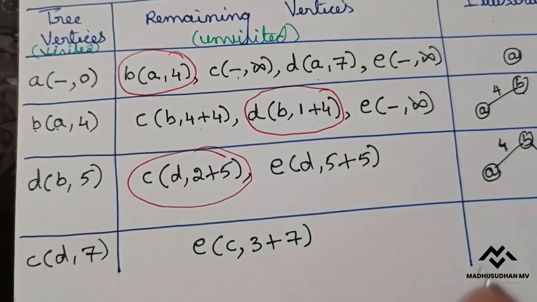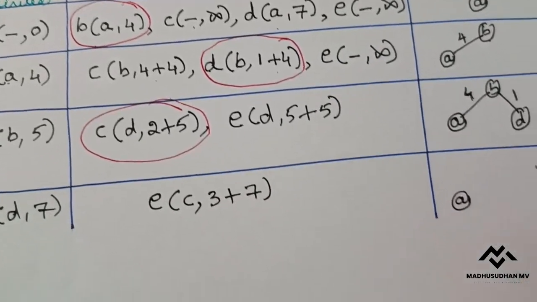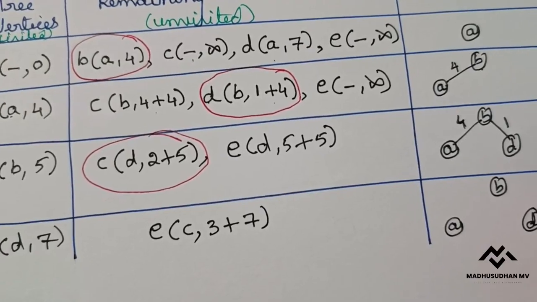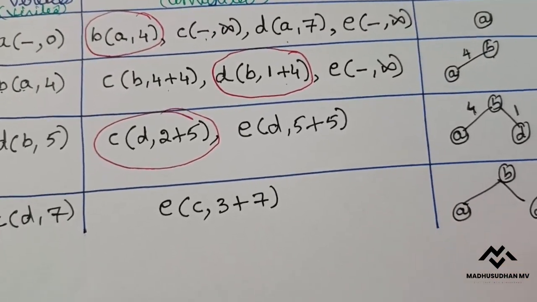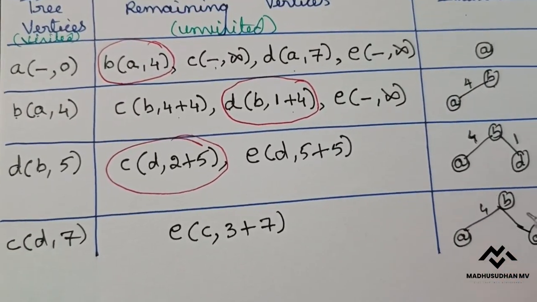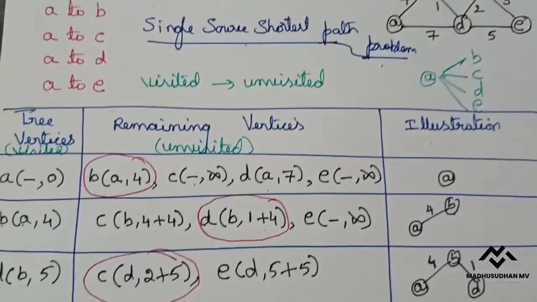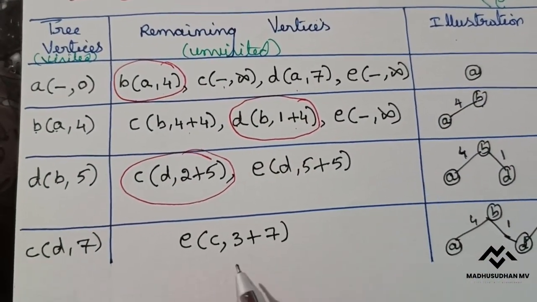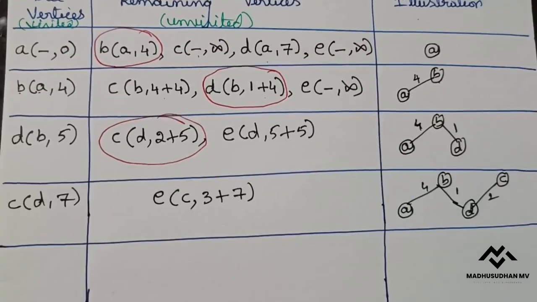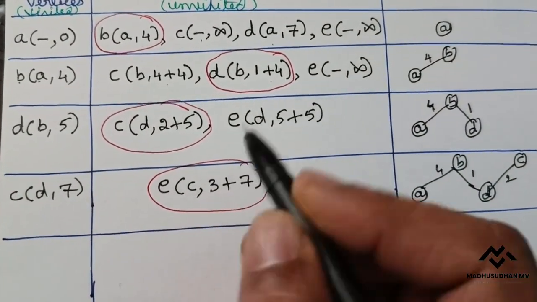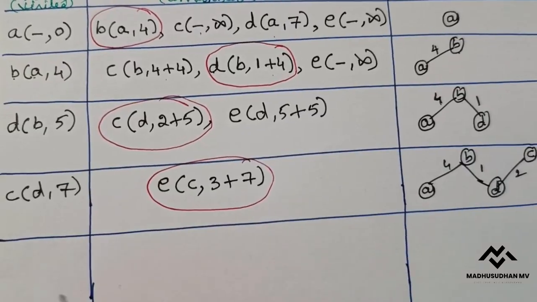So now, as of now, what I did: A, B, D. This is my decision right now. This is 4, this is 1, this is 2. Okay, this is C. Now this is the only one remaining. Since only one is remaining, no need of selecting, I simply take that one only.